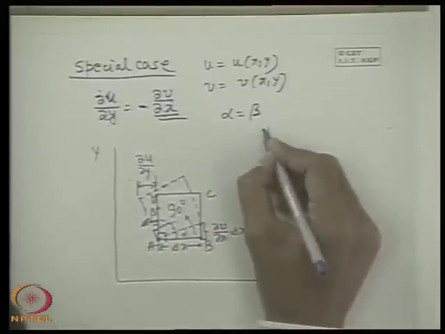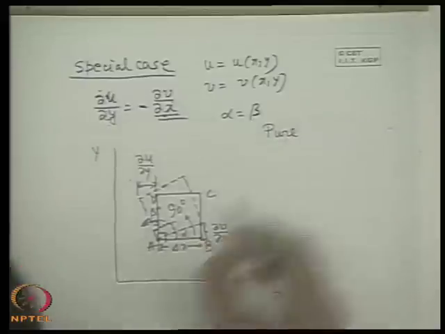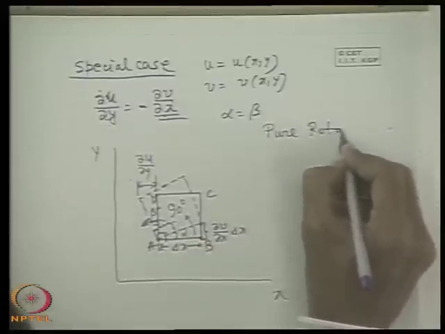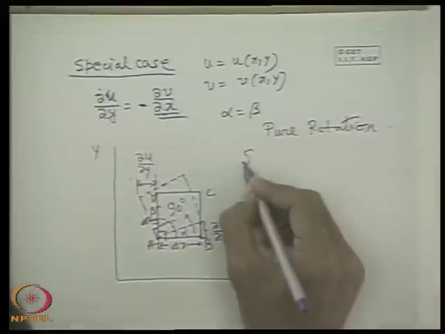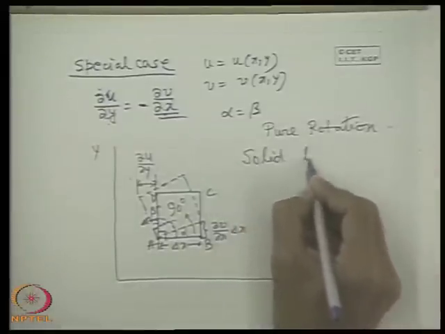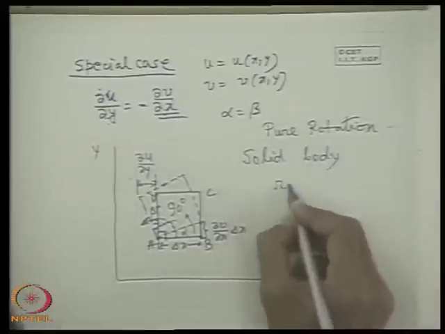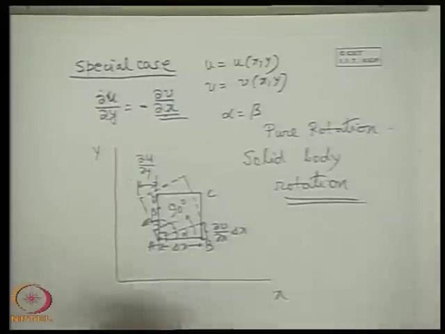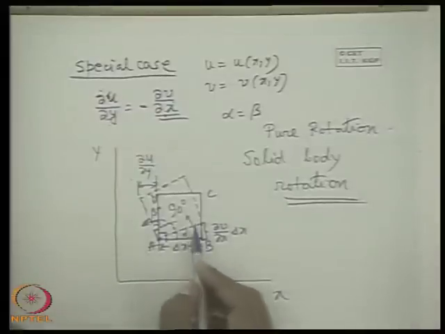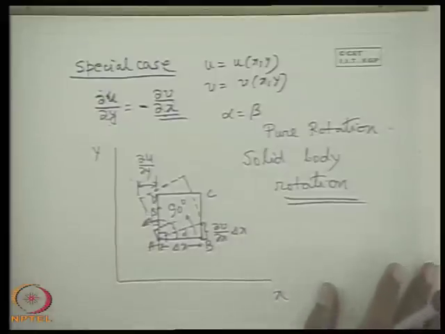This type of motion is known as pure rotation, or more easily understood conceptually, solid body rotation. Solid body rotation means the element rotates as a solid body, by keeping the included angle the same.